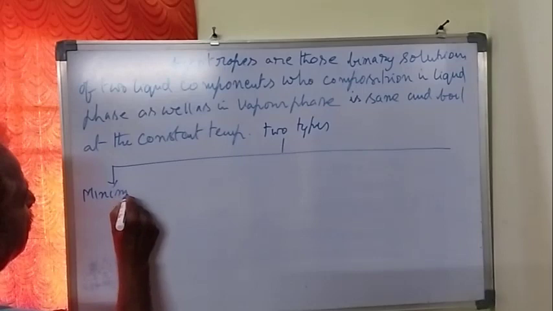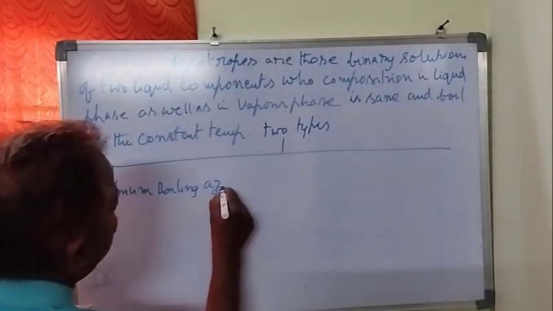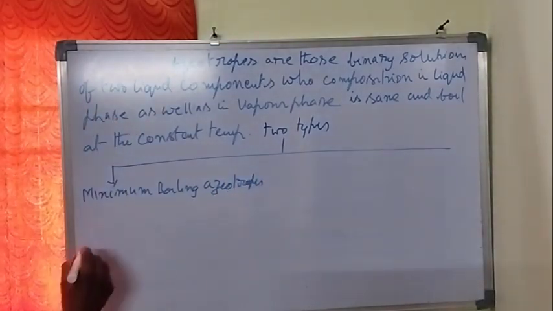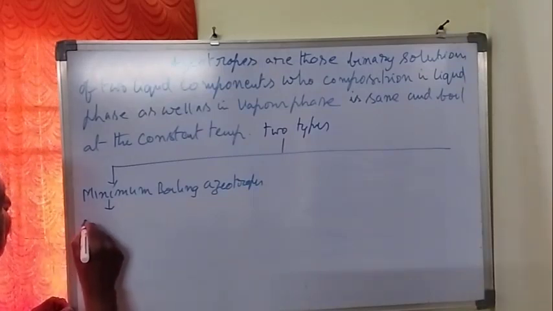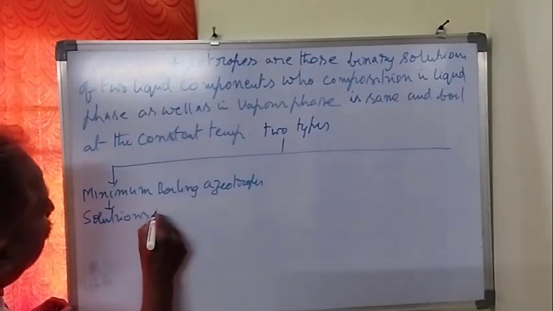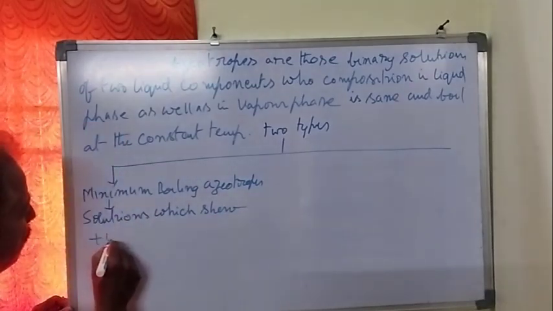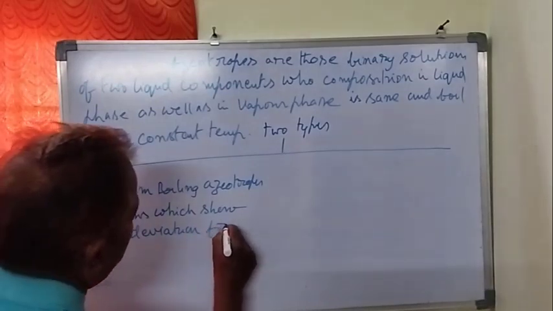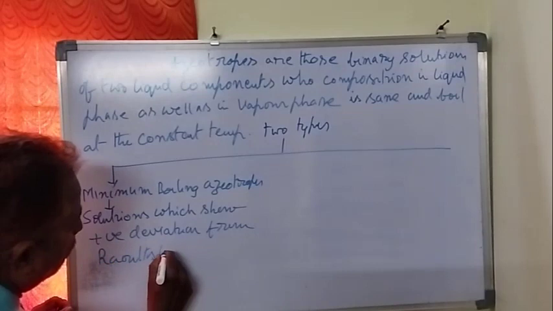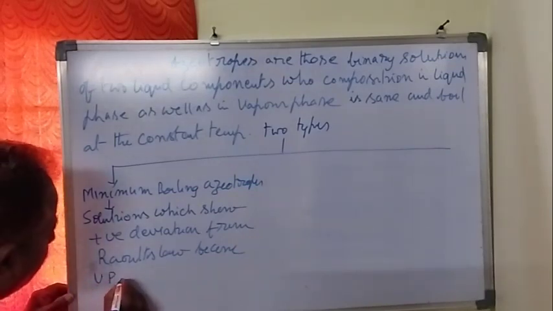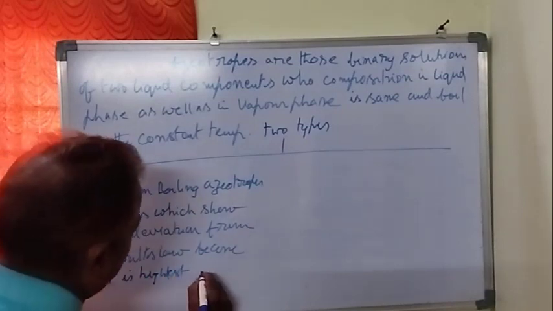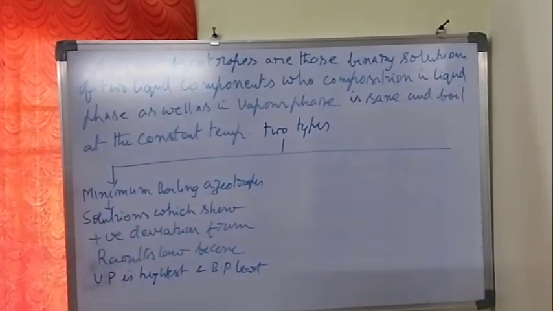Minimum boiling azeotropes are those liquid mixtures which show large positive deviation from Raoult's law. Their boiling point is less than the least. So in minimum boiling azeotropes, vapor pressure is highest and boiling point is least.